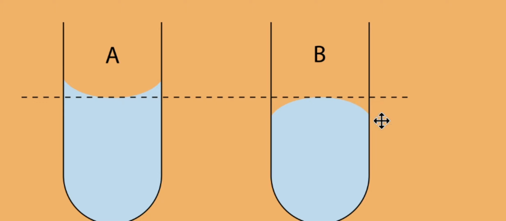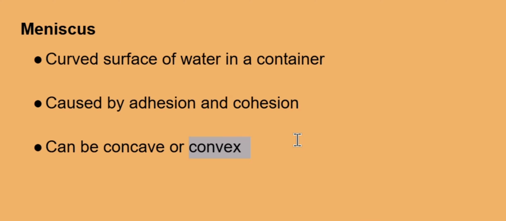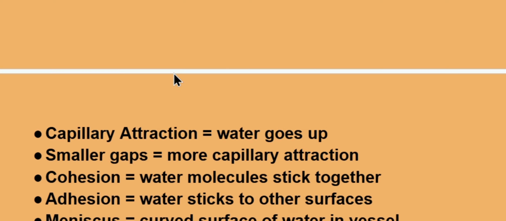That's why you get a convex shape. In A, the adhesion of the water molecules to the sides of the test tube is stronger than the cohesion of the water. So you get a concave meniscus. So A is a concave meniscus. B is a convex meniscus. And remember, a meniscus is just the curved surface of water in a container.